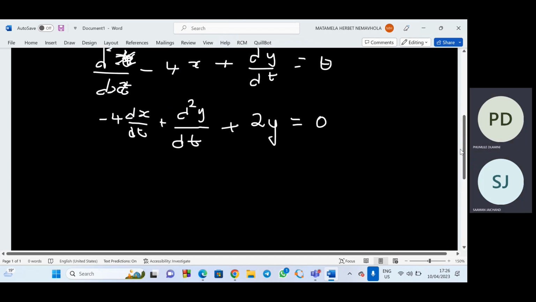So in this equation here, we are going to apply the d operator.